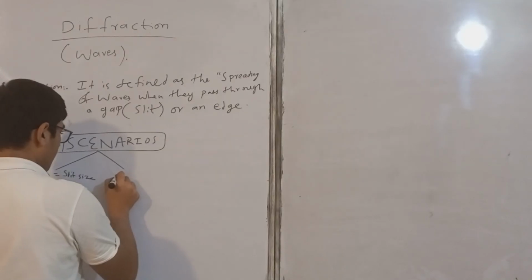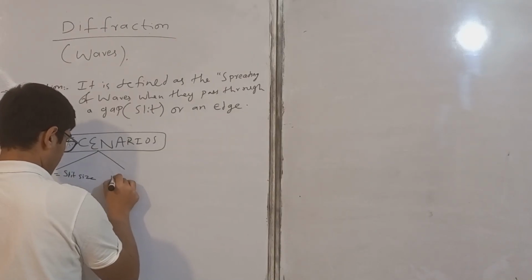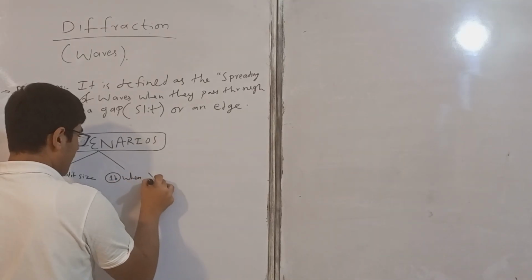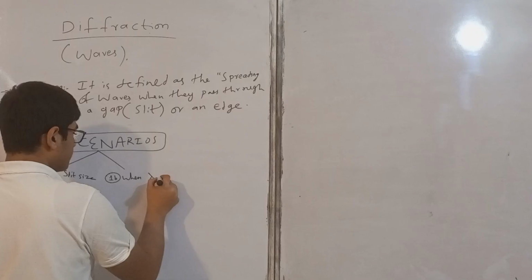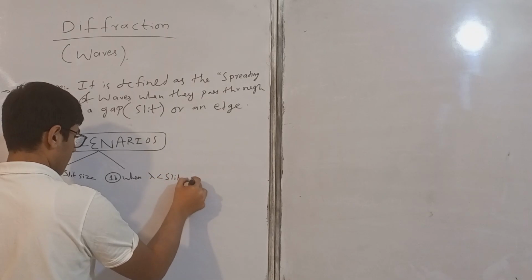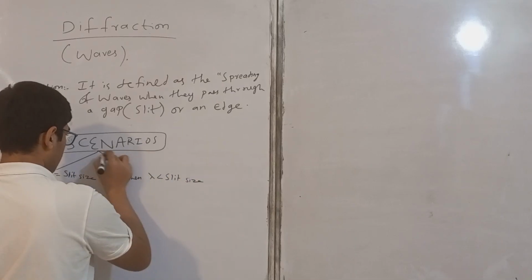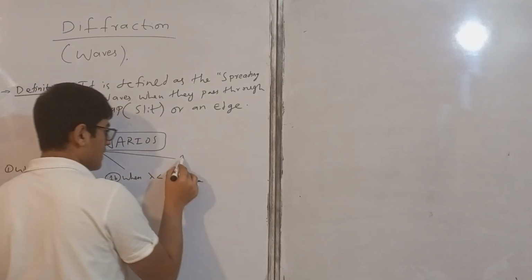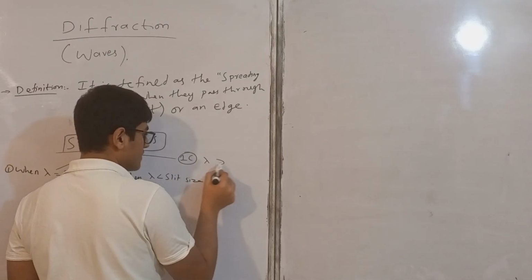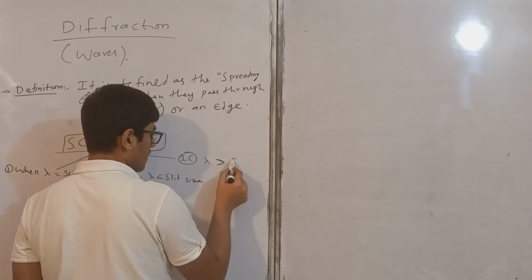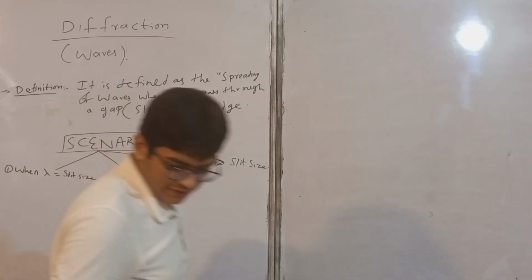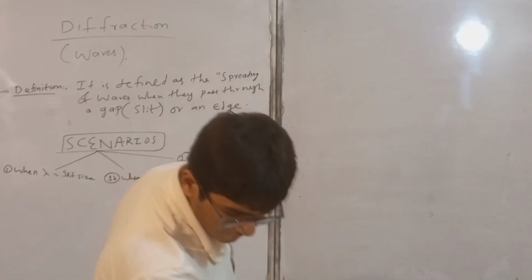Scenario number 1b, when lambda is lesser than slit size, and scenario number 1c, when lambda is greater than slit size. So we will draw diffracted waves in each of the three scenarios.